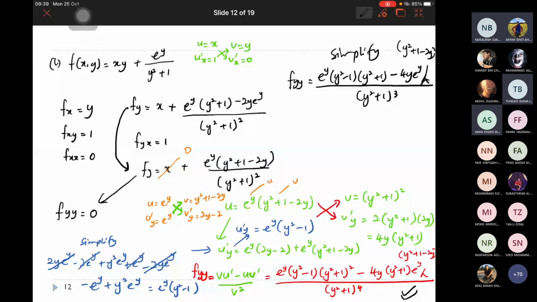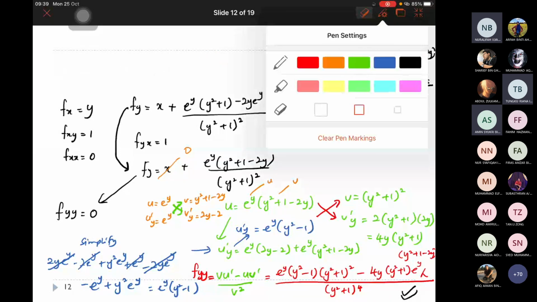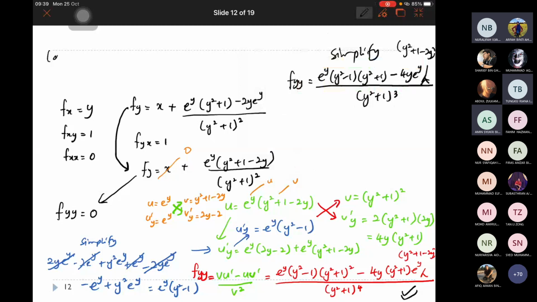So, tengok soalan D. Okay. Question D. F X Y equal to ln 2X tambah 2Y.